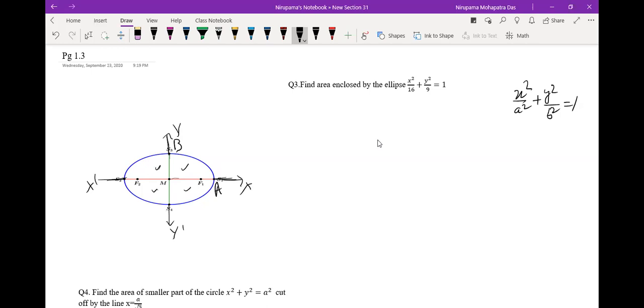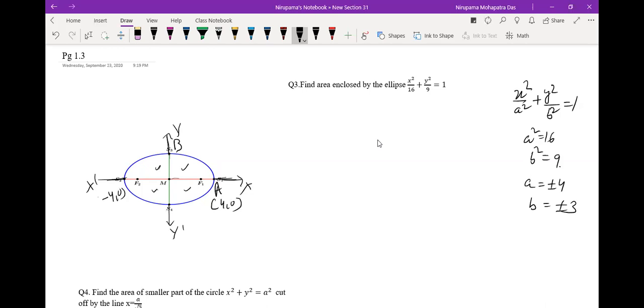Now, while writing this, you have a square equal to 16, b square equal to 9. So a equal to plus minus 4, b equal to plus minus 3. So the ends of the major axis, plus minus a, 0, that means it is 4, 0 and minus 4, 0.